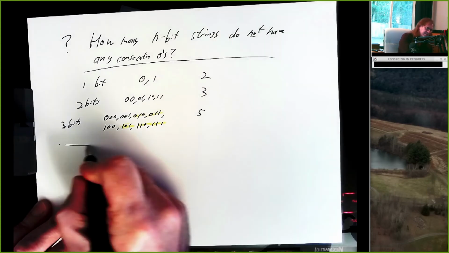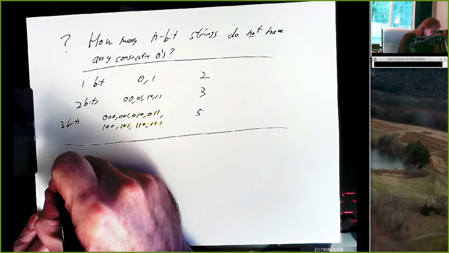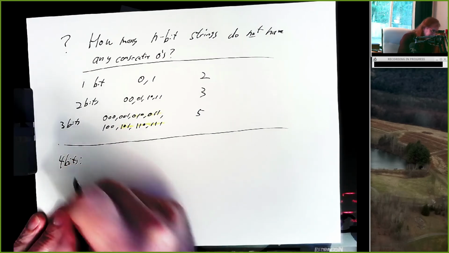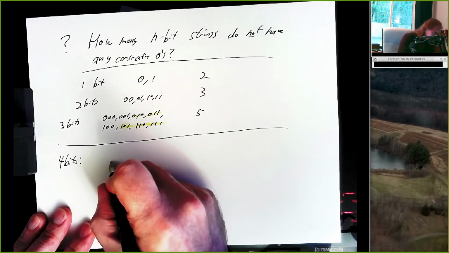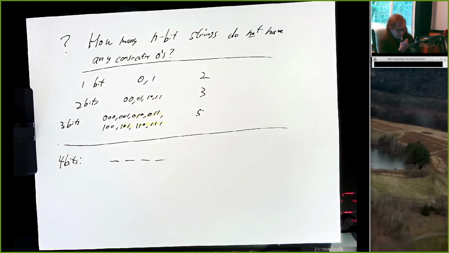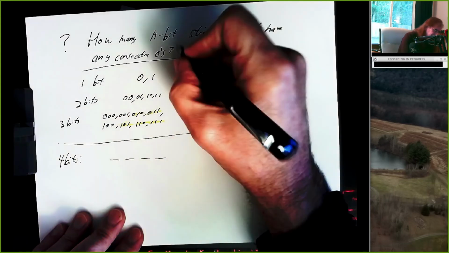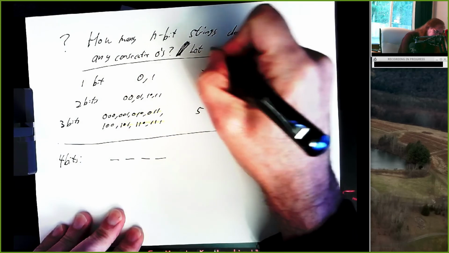Okay, I don't want to write out all of the 4-bit strings because there's 16 of them. But let's think about this a little differently. Suppose we have a 4-bit number. So a 4-bit number looks like this. 4 bits. And each bit is a 0 or a 1. And let me make a function.